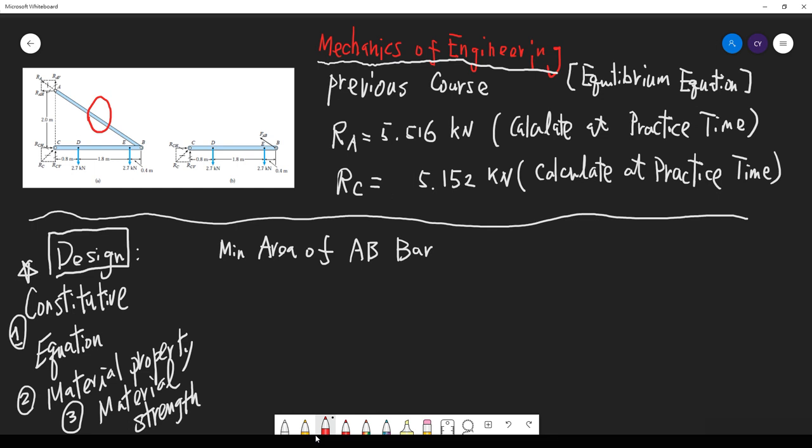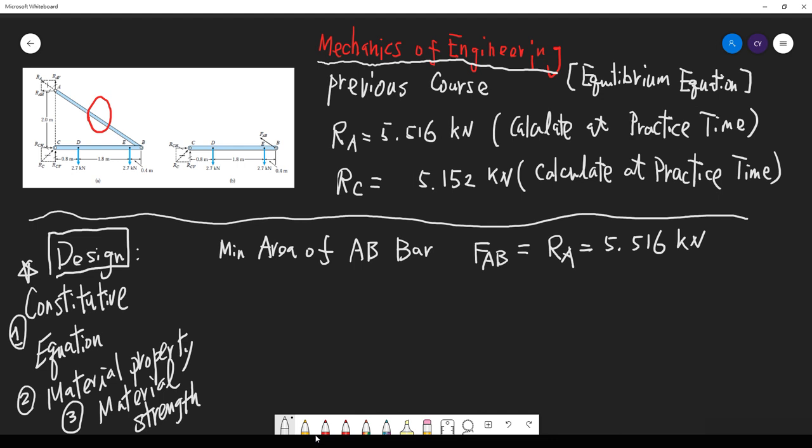So first of all, you will know the force at AB bar is just equal to the reaction of A. Force on A, so that means equal to 5.6 kilonewton. We say this is a force.